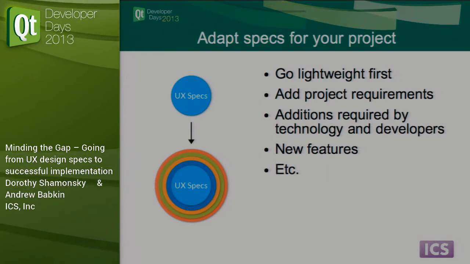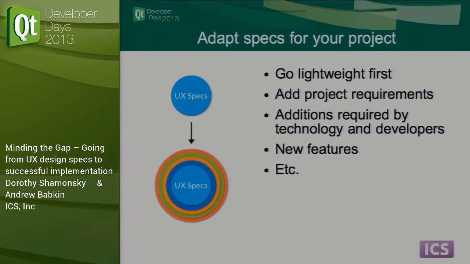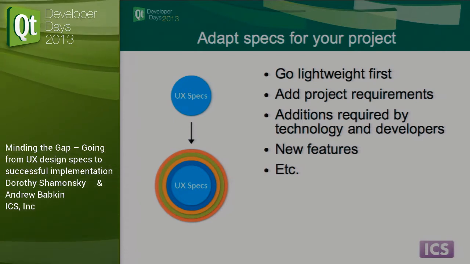These could be project requirements and some additions required by the technology, by developers. Those could be new features proposed and so on. And in the end, you get your perfect specs, but only for your project. You cannot apply them to another project, of course.